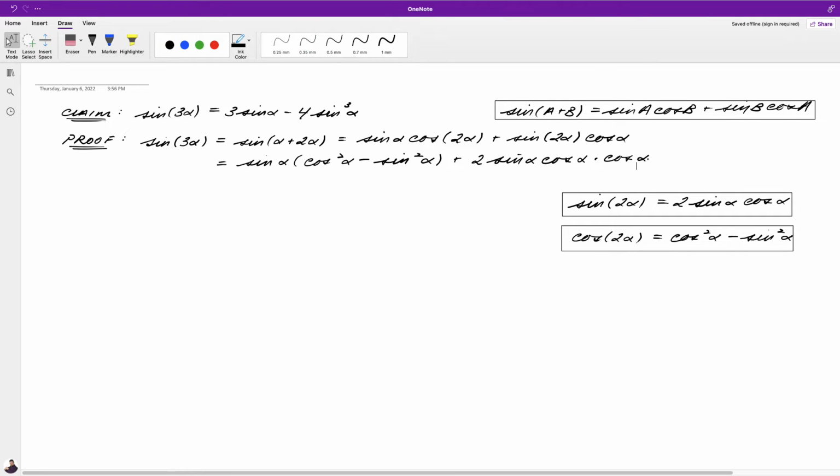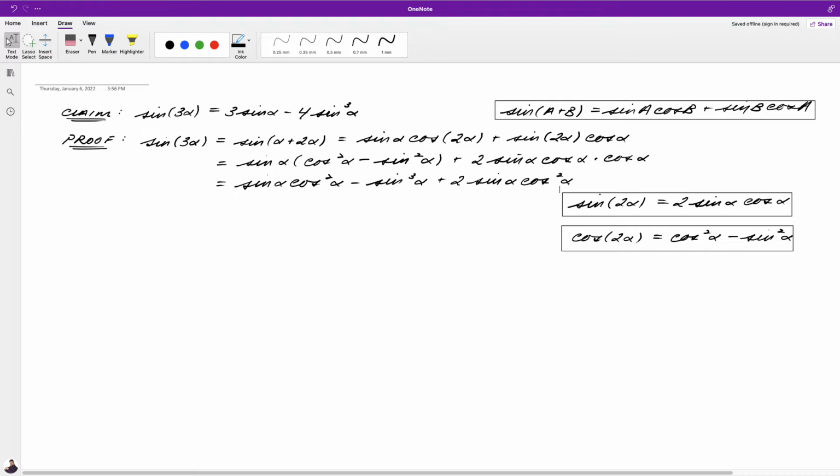Okay. All right, let's go ahead and expand in simplifying. So expanding, we're going to have sine alpha cosine squared alpha minus sine cubed alpha, plus 2 sine alpha cosine squared alpha.